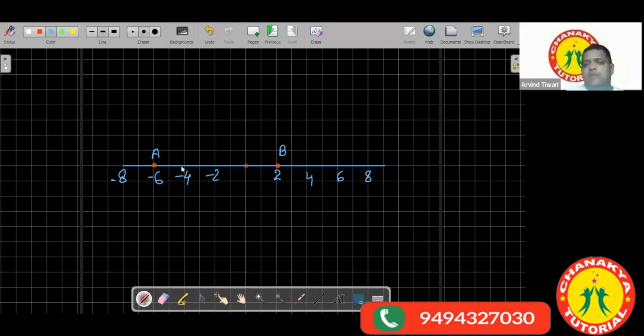So what is the distance traveled? 8 centimeters. So this is the actual length of path traveled. Actual length of path.